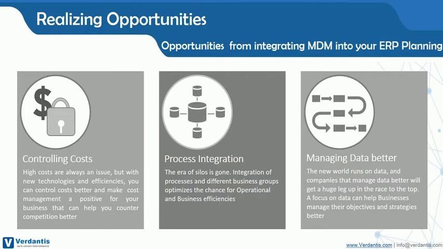So this is going to be supplier, vendor, market, material, both direct and indirect. These are places where we've seen immediacy: managing data better allows you to integrate the process better, whether through MDM or through master data governance or stewardship, which leads to cost controlling.